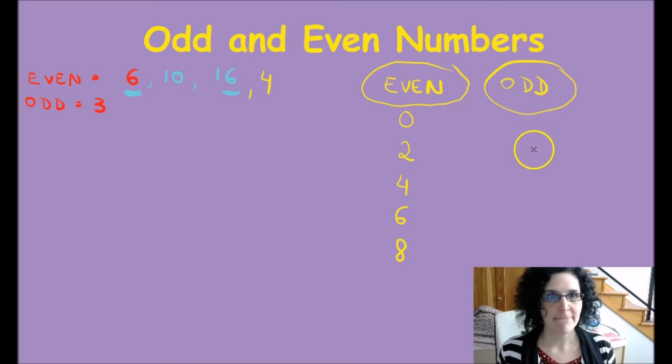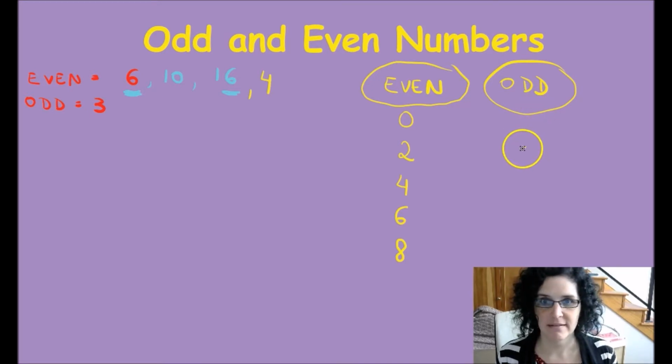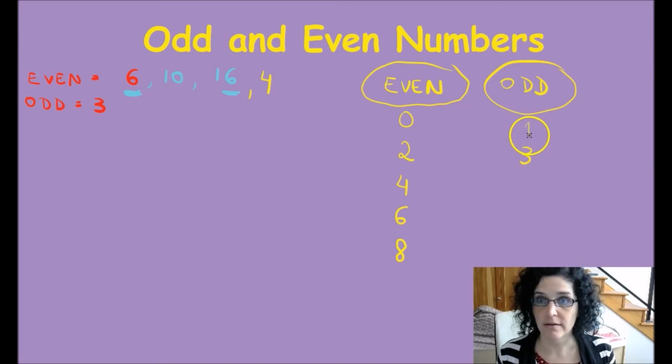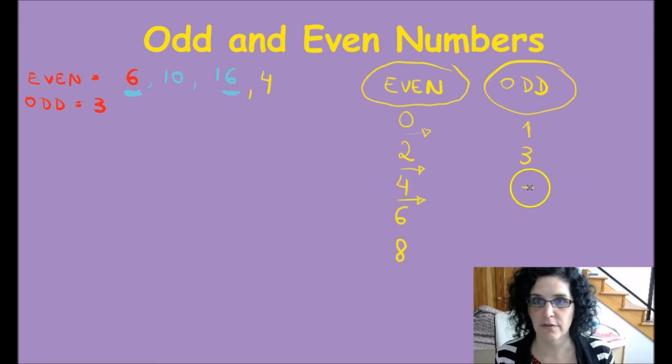So 3 is an odd number, and so is 1. So whatever is in between here, odd, odd. What's in between 4 and 6? 5. 5 is an odd number. If we look here, we can see this really easily because see how you make a little house out of 5? That little point there, that's your sad odd number.